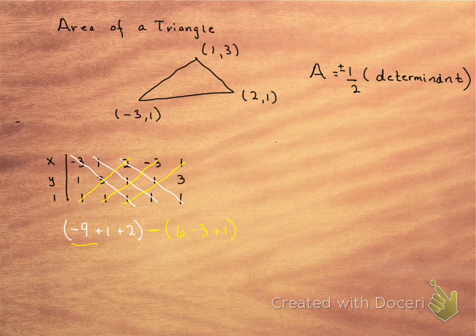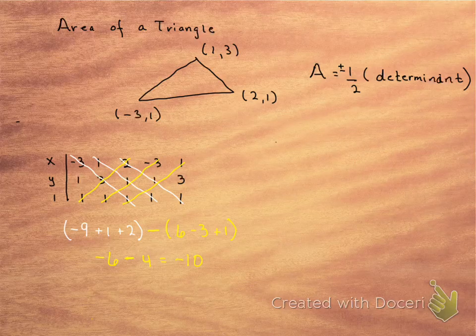So remember, you add your major products, you add your minor products, and then you subtract those sums. So -9 plus 3 is -6, minus 6 minus 3 is 3 plus 1 is 4. So that gives us a -10.